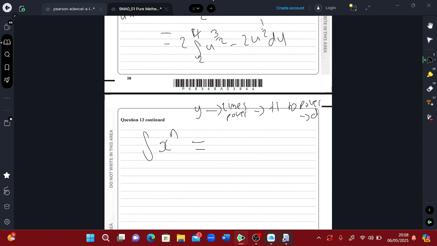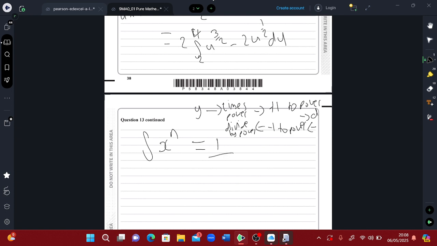Now, if you instead want to go backwards and integrate, so now we reverse. So we add 1 to the power first, and then instead of times you divide by the power. So in other words, with any polynomial, it should be second nature, but to really go over it, if you have x to the n, so the power n, you'd want to knock one off and then divide.